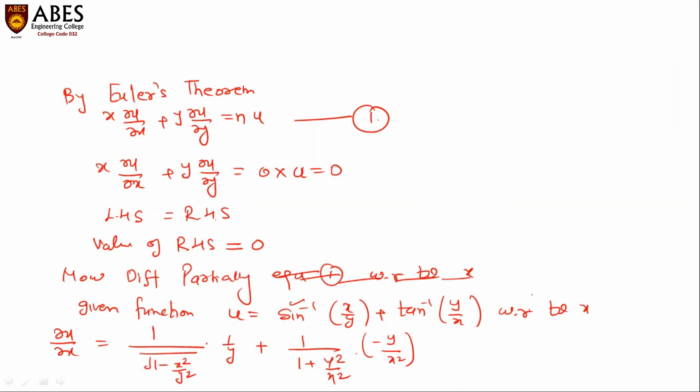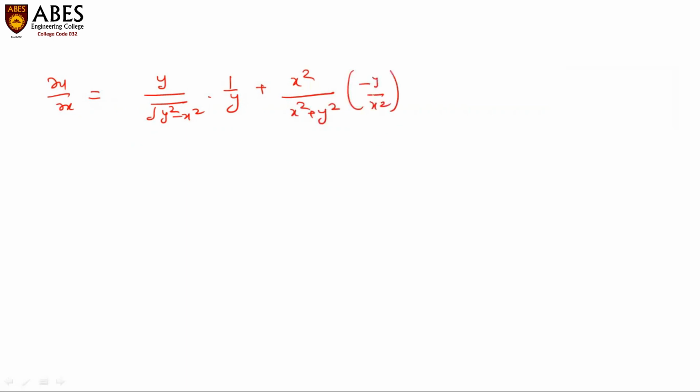Now we'll take LCM. Del u del x equal to y square minus x square into 1 by y plus x square by x square plus y square into minus y upon x square.